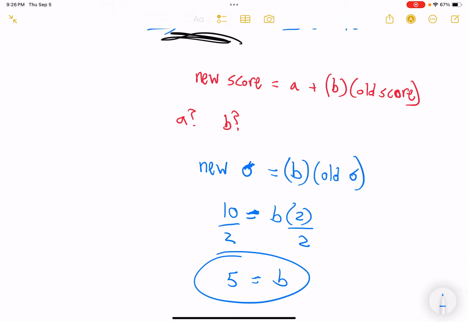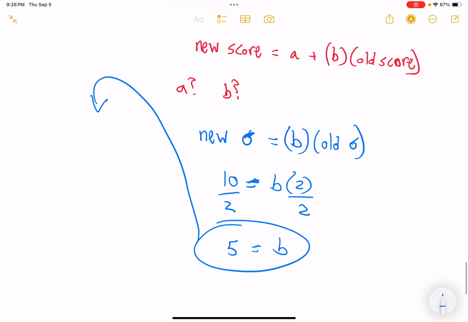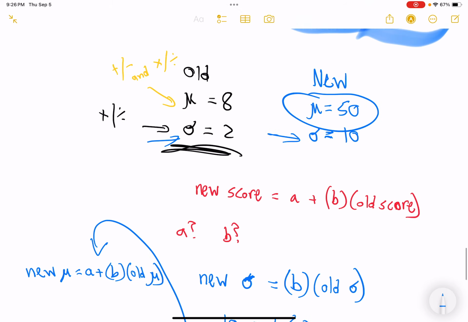This is step 1 of the work we must show. Step 2 is now we have to plug B in. We will say new mean is equal to A plus B times old mean. And you'll realize, because the mean is impacted by addition, subtraction, multiplication, and division, I have to put the A in there for this one. But luckily, we have a new mean.